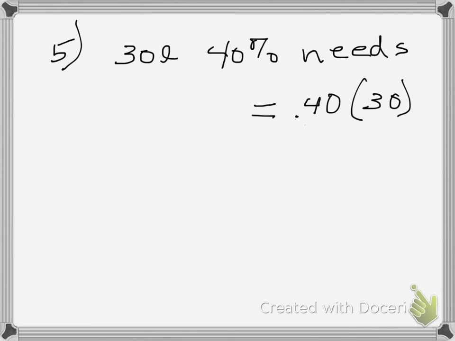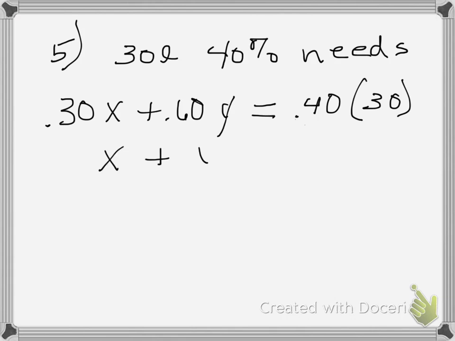That's a total. And the two solutions he has are 30% and 60%. So we're going to do 0.30x plus 0.60y. Then our other equation again will be just x plus y, which is just the liters, equal to 30.